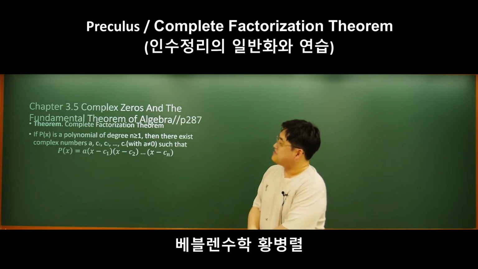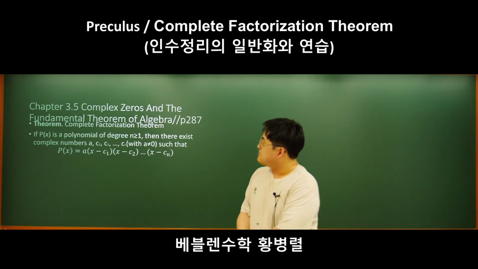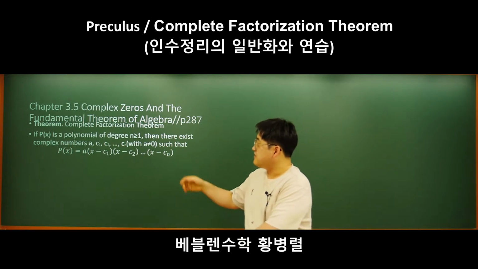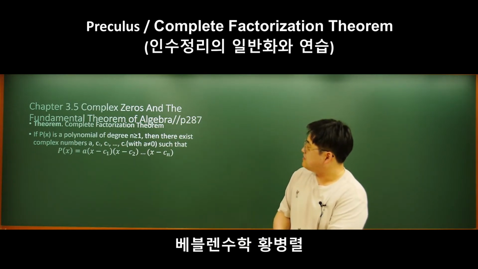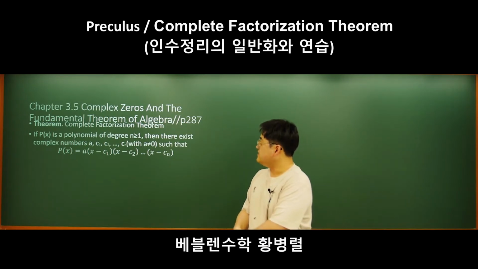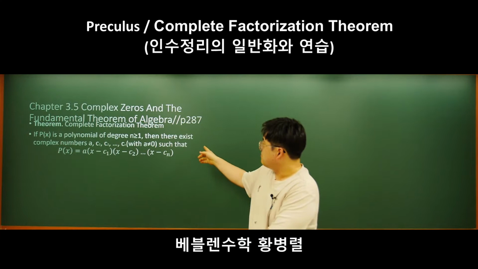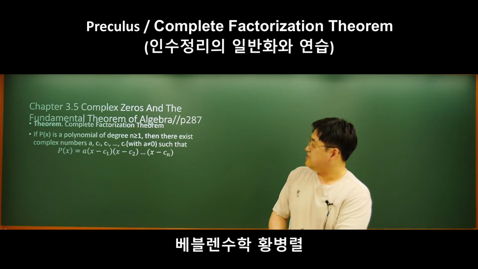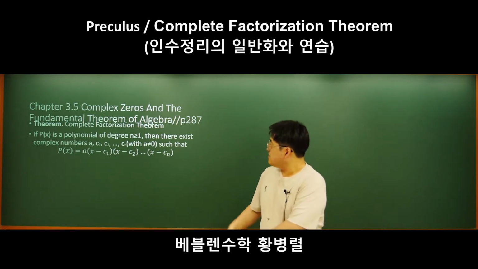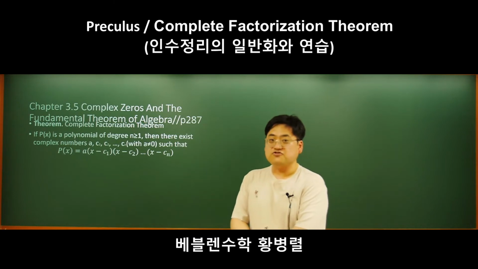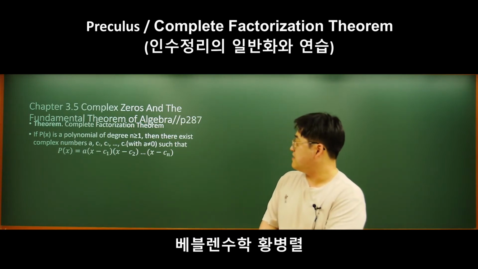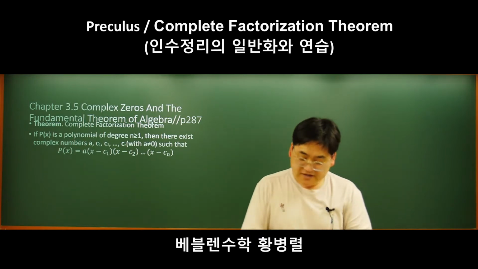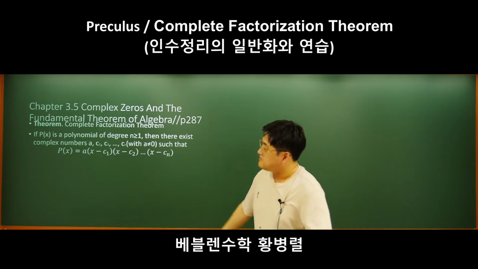Let's see, this theorem is the complete factorization theorem. Let p(x) be a polynomial of degree n larger than or equal to 1. Then there always exist complex numbers a, c1, c2, and so on, cn, such that p(x) is equivalent to a times (x minus c1) times (x minus c2) and so on times (x minus cn). This is the result of this theorem, and let's prove it.